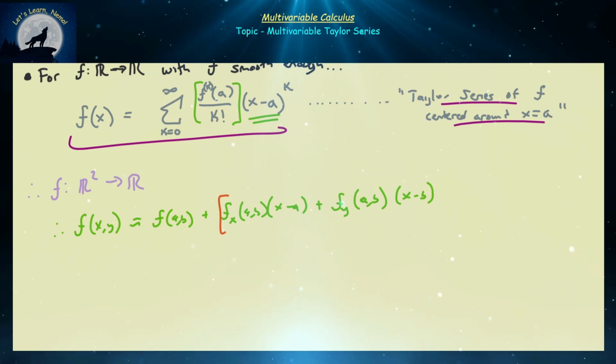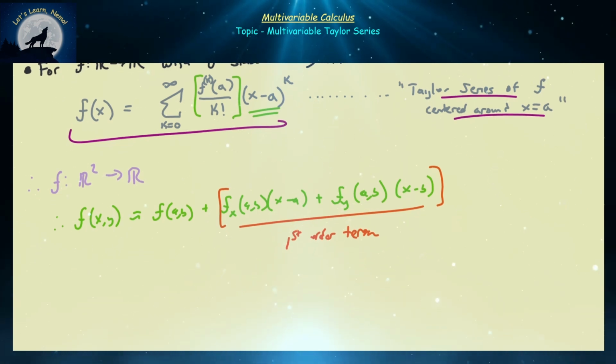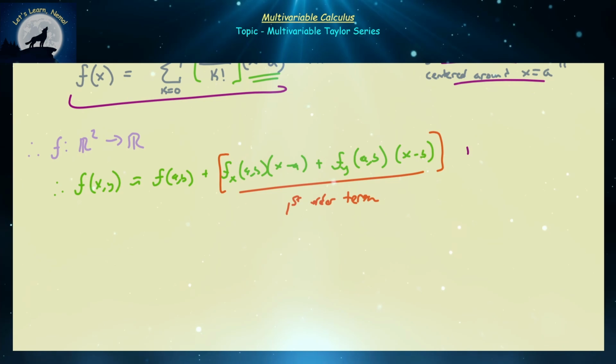So we already have verified that this is our first order approximation, and one can show that this is equal to the first order term of the associated Taylor series. But let's assume that we want to find more terms in order to make this approximation more accurate.